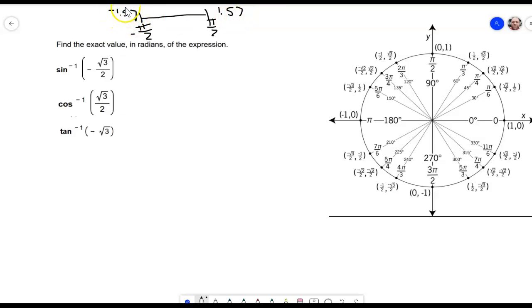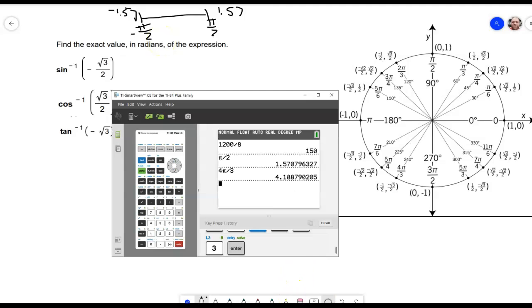So I should have a value somewhere between them in decimal form. So 5 divided by 3, I'm going to leave the pi out here, and then just subtract 2, like I'm subtracting 2 pi.